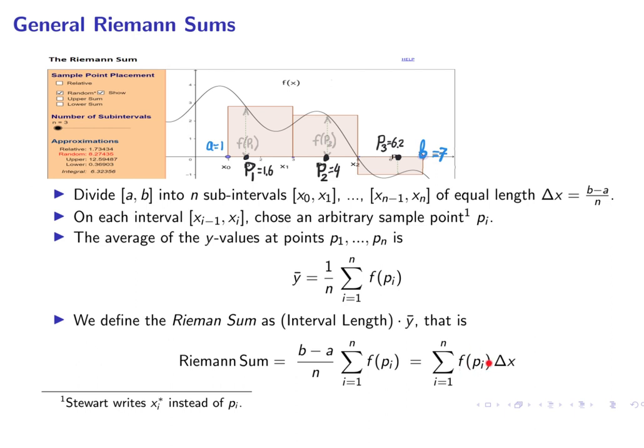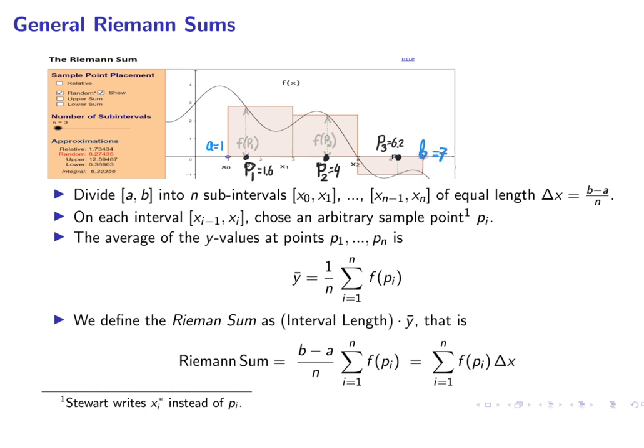For instance, here we have the sample y value f of p1 multiplied by the length of the interval, which we can interpret as the area of the rectangle whose base is the first interval and whose height is given by the sample y value.